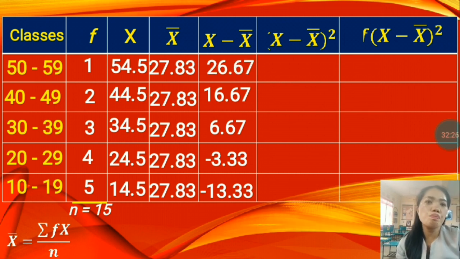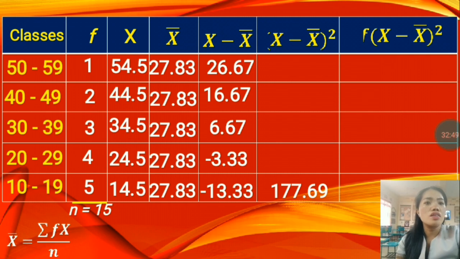Now at this point, we are going to square our result for the fifth column to complete the sixth column. So we're going to square the result. You have negative 13.33 squared, we have positive 177.69.